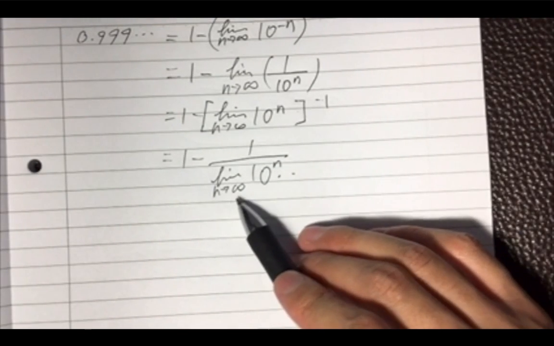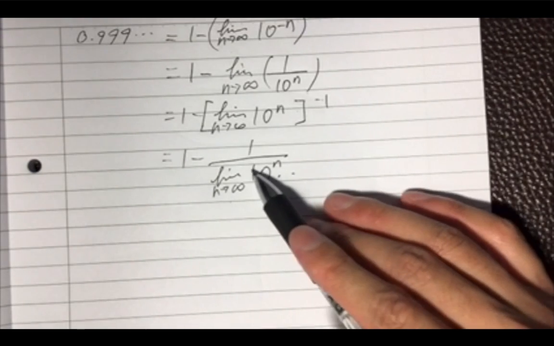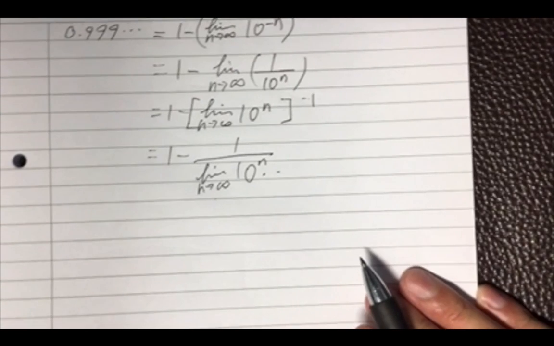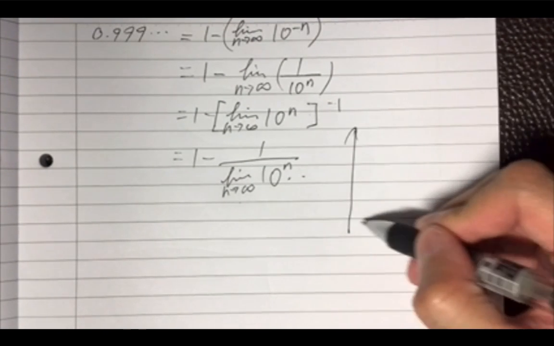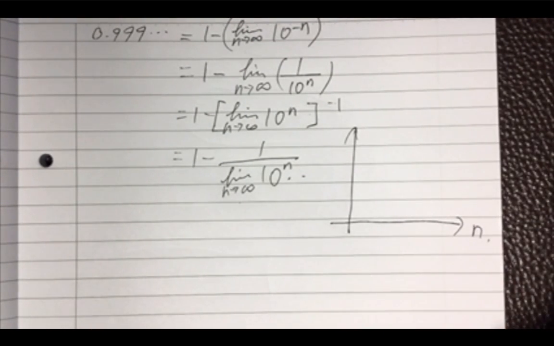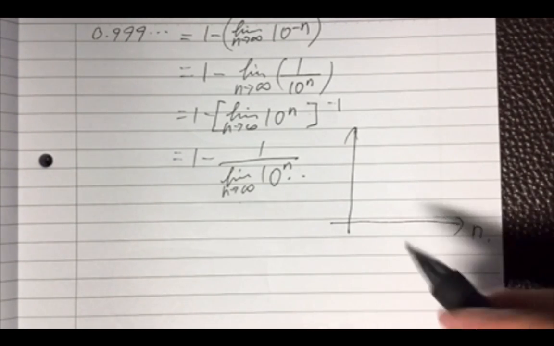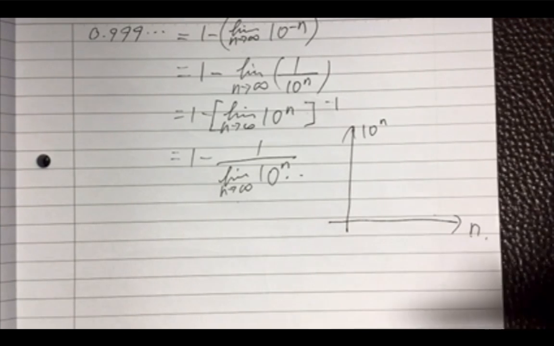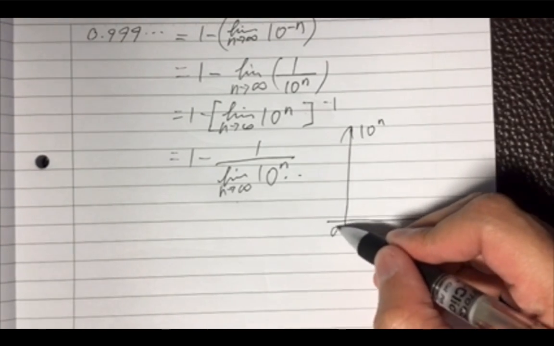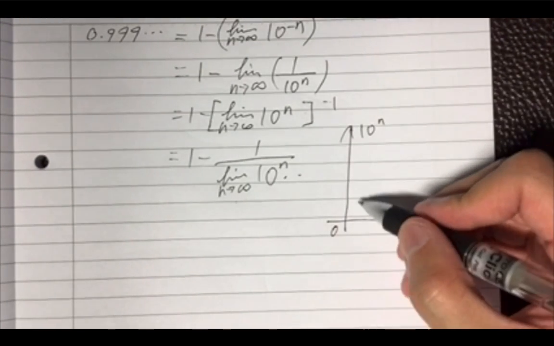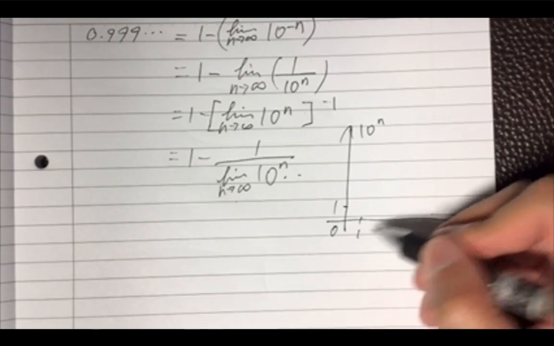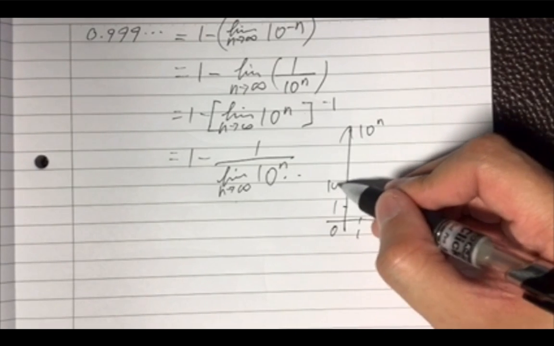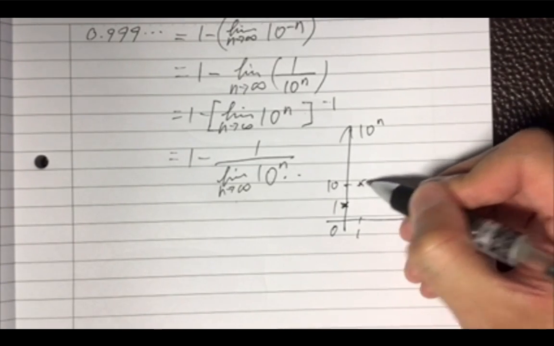When n is approaching infinity, how about the 10 to the power of n? We can draw a graph of it. It's n for the x-axis, and for the y-axis you have 10 to the power of n. When n is 0, 10 to the 0 is 1, right? When n is 1, 10 to the 1 is 10. So we have 2 points.